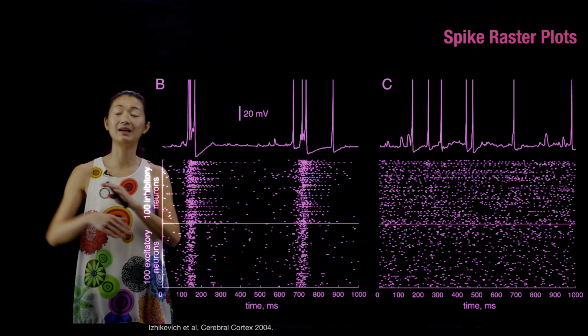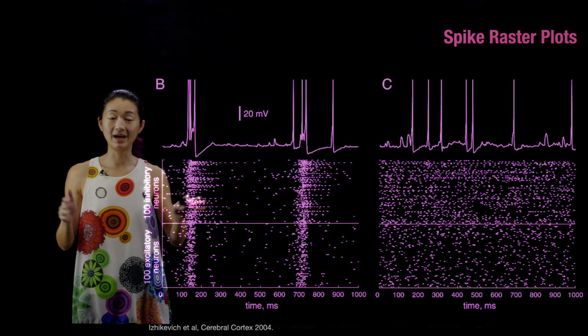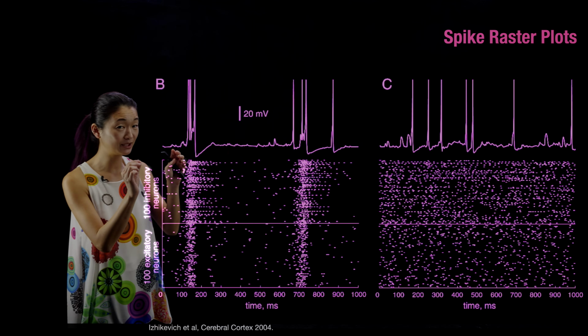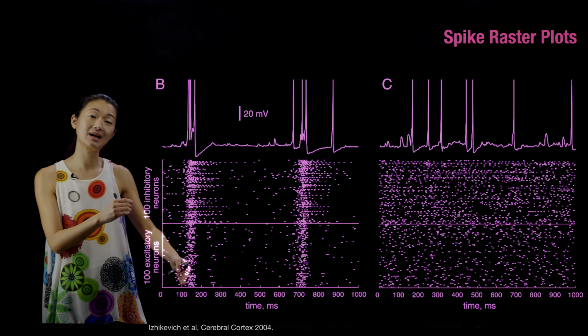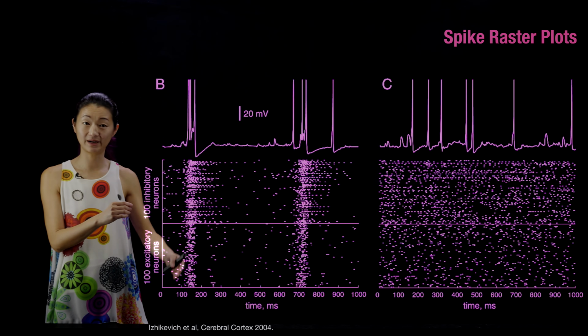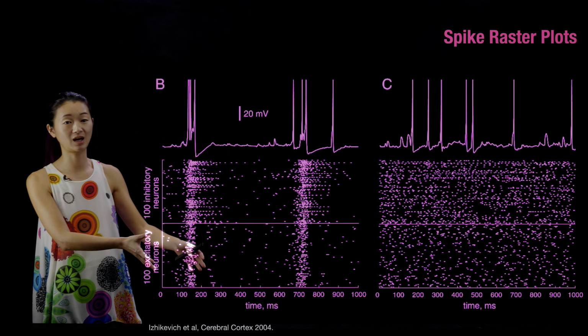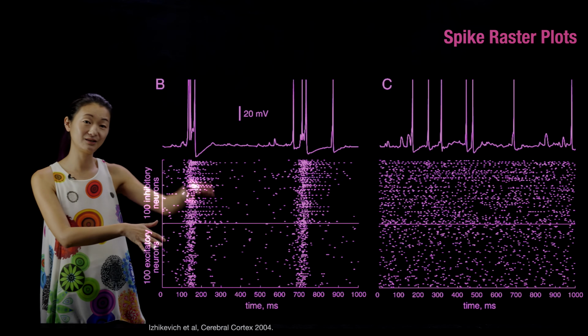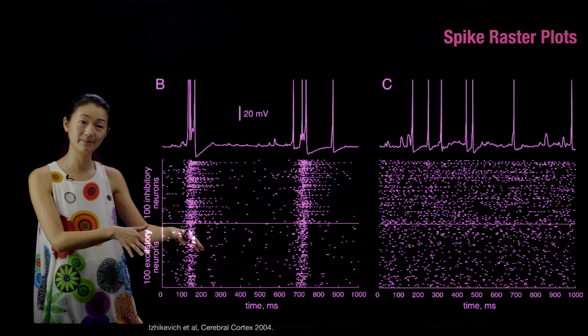So instead of looking at the voltage as a function of time, all I'm going to do is spike sort, and then I'm going to put a teeny tiny little tick mark every time the cell fires. And we're going to line it up either by multiple neurons that are firing simultaneously, so that's what we're seeing here, right? 100 inhibitory neurons, 100 excitatory neurons, you're seeing that they tend to fire right here in time, 150 milliseconds, but there's some variability in time.